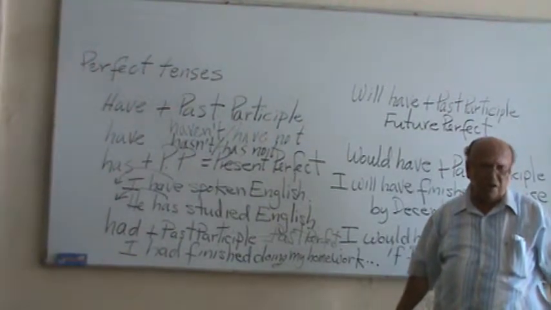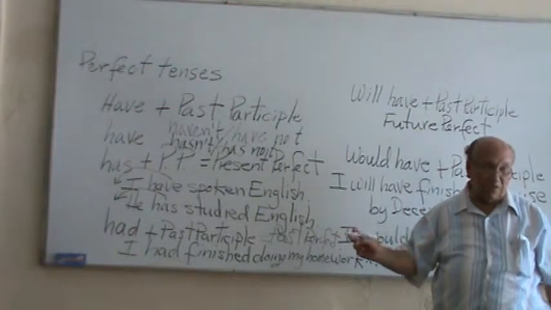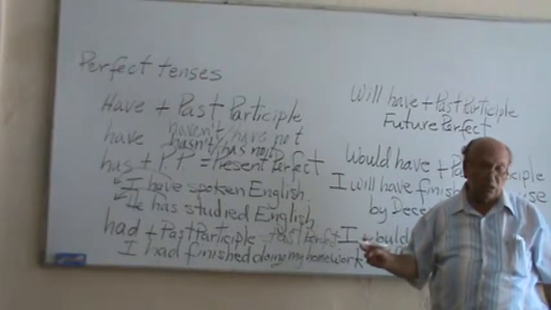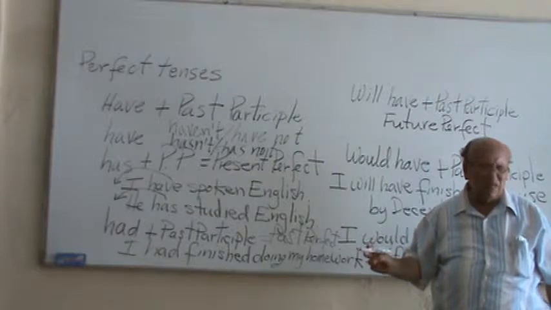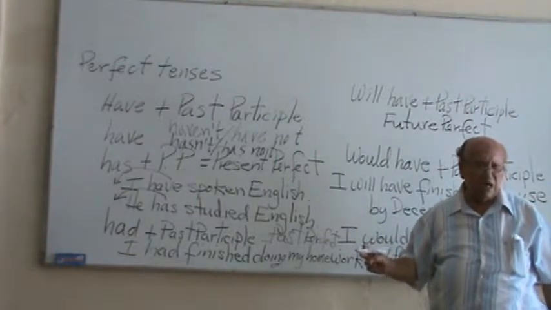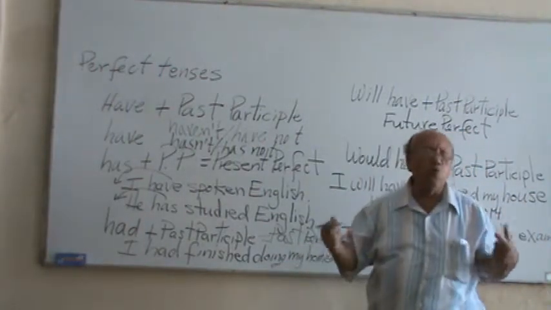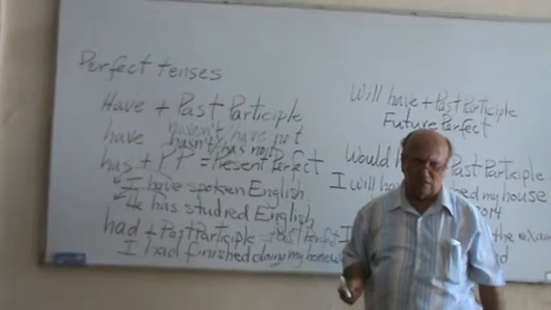Okay? The other equivalence from English past perfect to Spanish is antepretérito. Well, it doesn't have too much use because antepretérito in Spanish is like I say, yo hube hecho una acción.